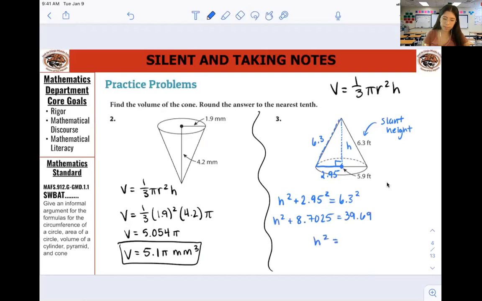Then 39.69 minus 8.7025, I get 30.9875. When I take the square root of that, I get a really long decimal, and I'm just going to leave it on my screen and not touch it. That number goes into my volume formula.